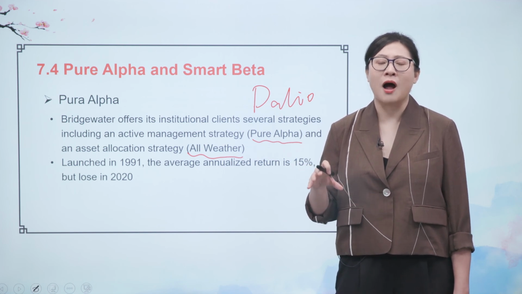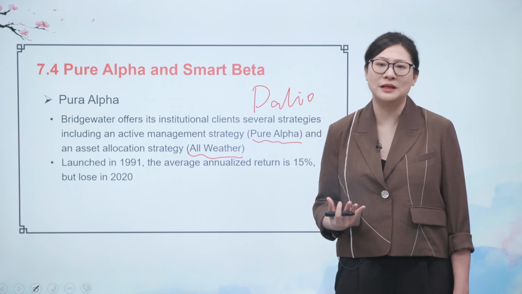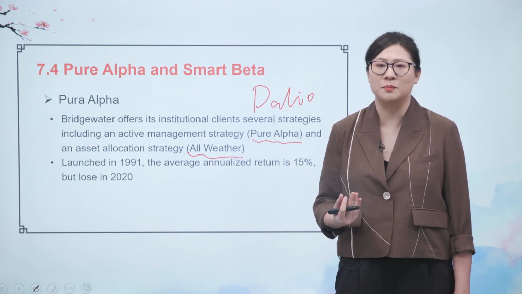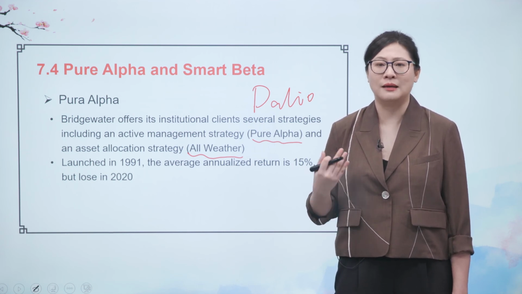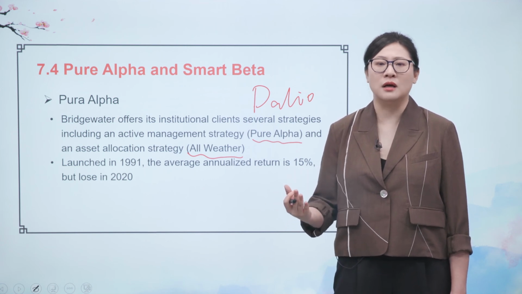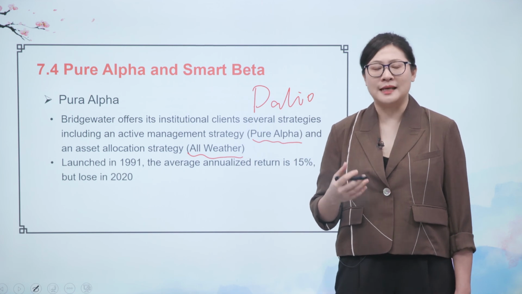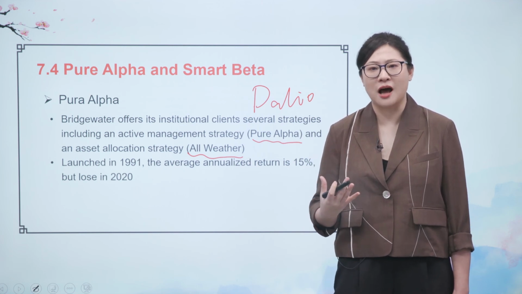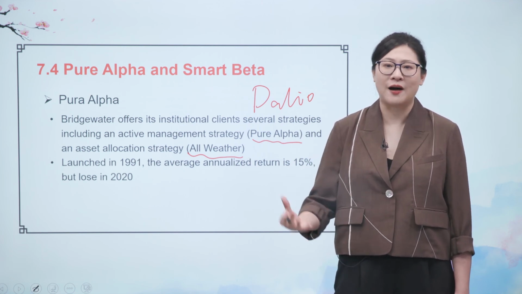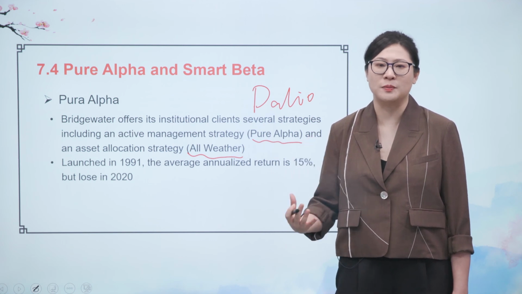And the pure alpha strategy has been criticized in recent years because it lost money and did not work as well as other mutual funds or hedge funds. So the founder, Dalio, said that the recent 5 years have not been a good time for active portfolio management.